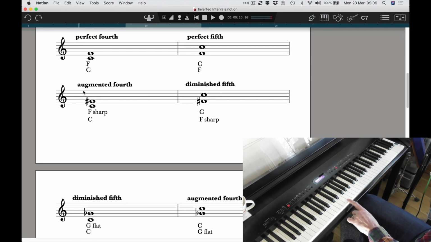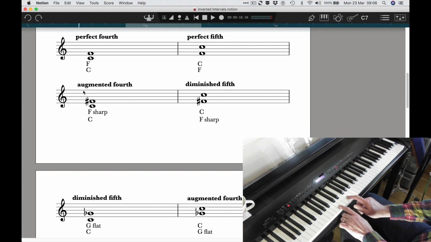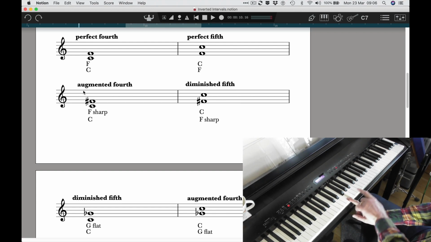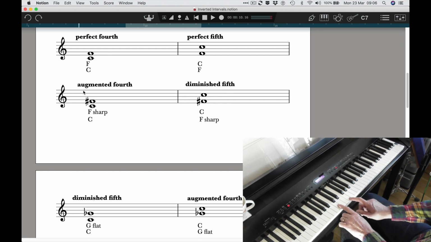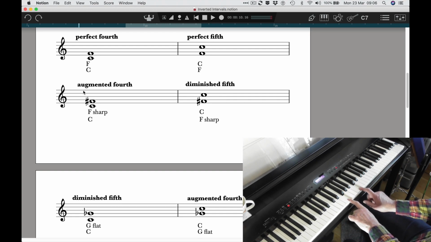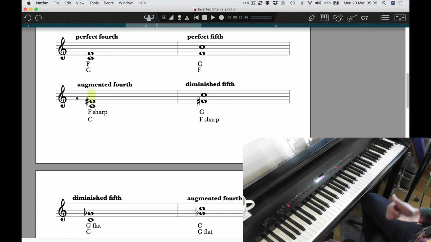Now we said that minors become majors and majors become minors, but perfects stay perfect. So perfect fourth, C to F, becomes perfect fifth, F to C. Fourth, fifth, 4, 5 makes 9. So minors become majors, majors become minors, perfects stay perfect.